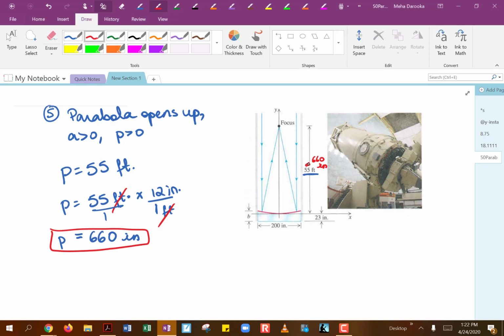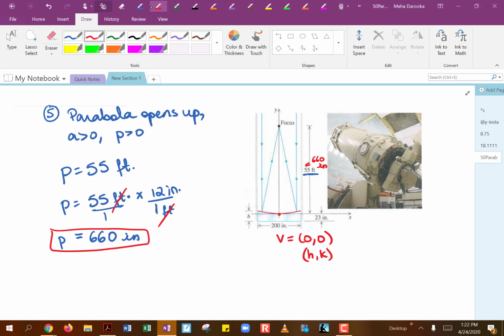Alrighty, the other thing we are going to assume is that our vertex is going to be at the point (0, 0). So that's going to be our h and k value, because this is a mirror inside a telescope, so you don't have to be at a certain point. You can assume that if this was on our x and y coordinate scale, we can place our vertex at the origin, at (0, 0), which would make our calculations a lot easier.